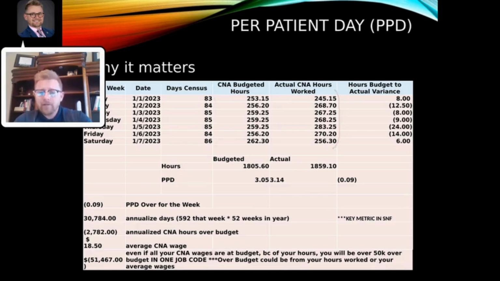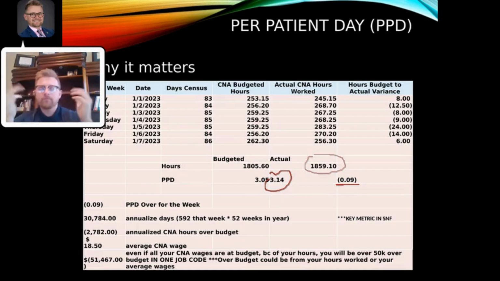So we get to the end of the period here, and we were budgeted to run 1,805.6 hours, which is our 3.05, but that didn't happen. We didn't run the 1,805. We ran 1,859.1. We ran 3.14. We didn't run 3.05. That's a 0.09 over for 1 week.